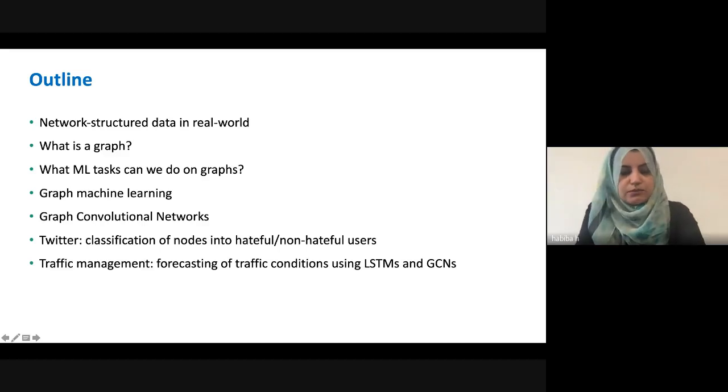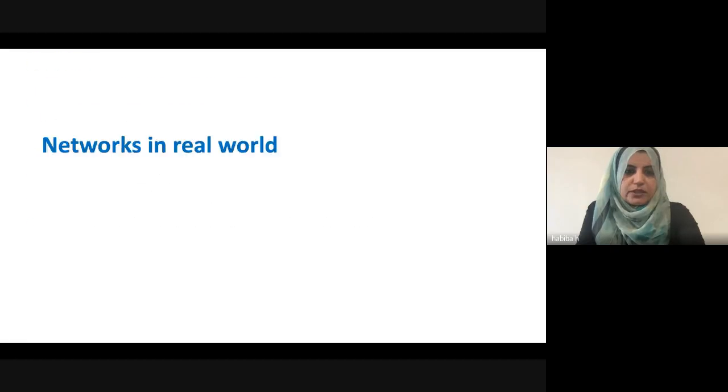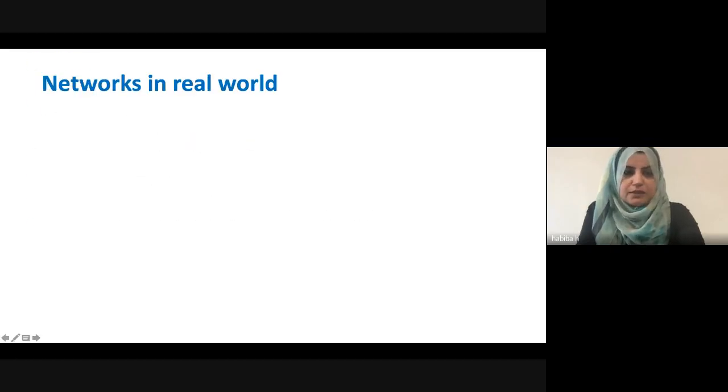It's a very exciting project, and I think one of the very promising areas where graph machine learning is highly applicable.